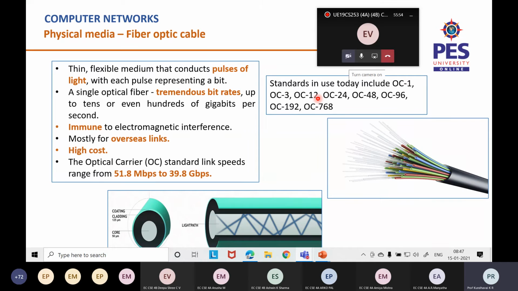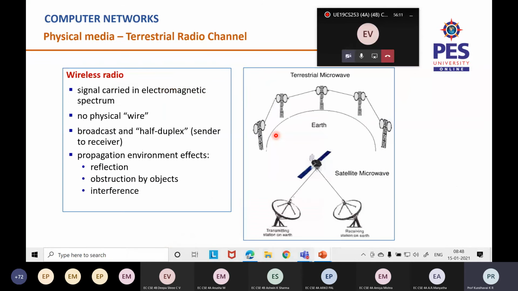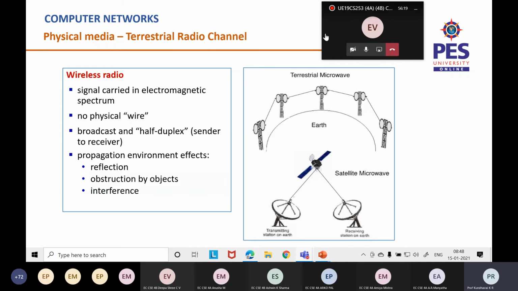These depend on what cables we use, and the data transmission rates also differ. Okay, so this is regarding the fiber optic cable. Moving on to wireless. I've moved on to the next slide. The first one that we are going to see here is the radio channel.